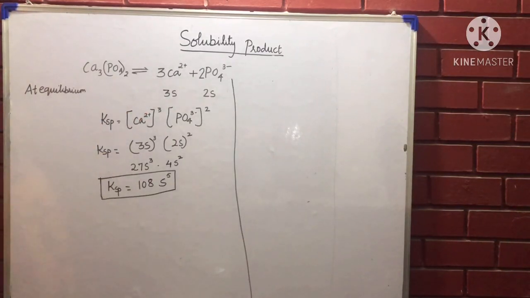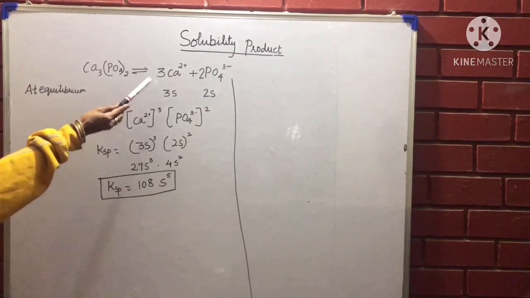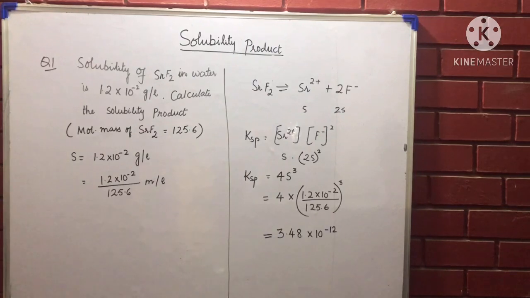Substituting the values in the formula, Ksp is calcium 2+ to the power 3 because 3 is here, phosphate 3- to the power 2 because 2 phosphate ions are there. Substituting, I get the formula as 108S to the power 5. So for different compounds, you will find out the relationship between solubility and solubility product, which is Ksp.